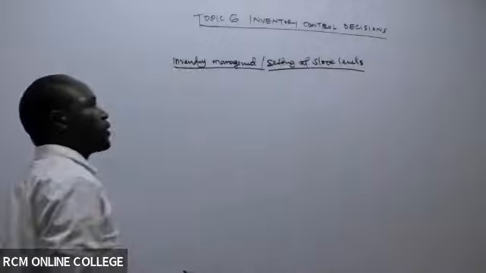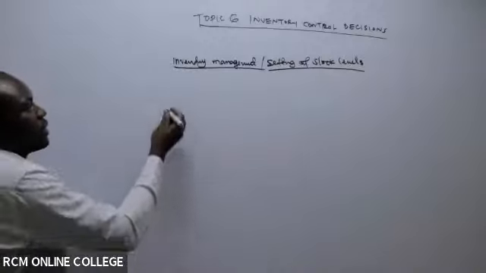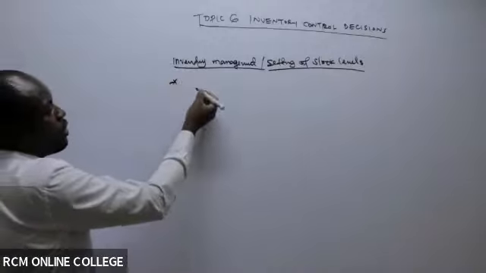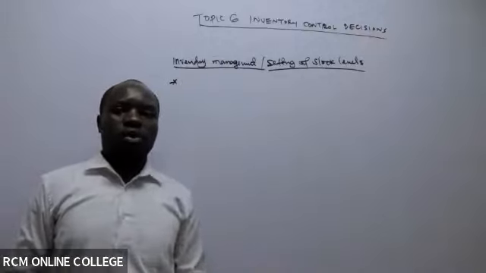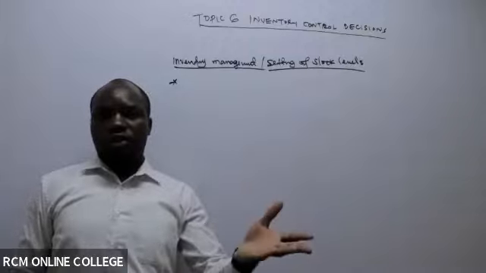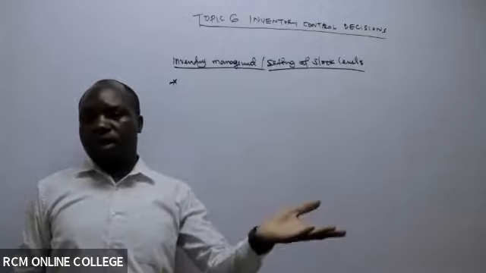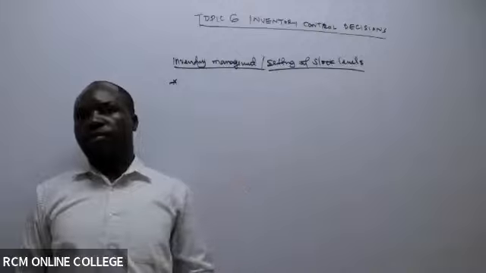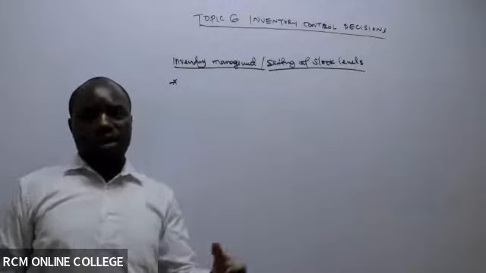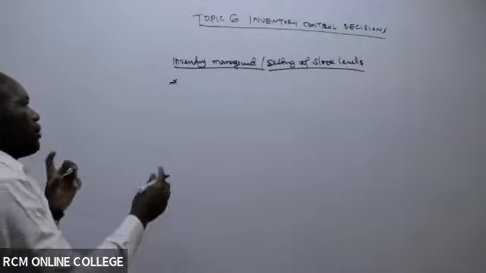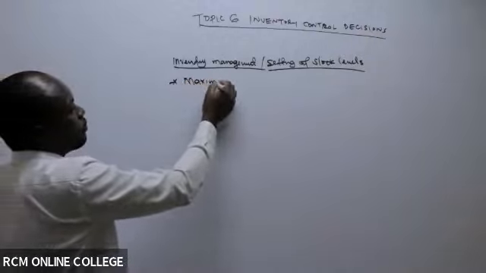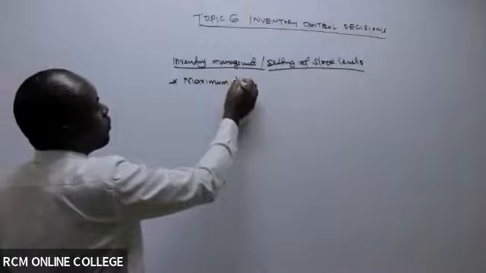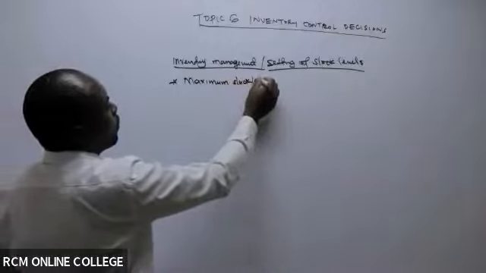So number one, we talked about minimum consumption, maximum consumption, right? We talked about average or lead time, maximum lead time, minimum lead time, right? So all those things were helping you to calculate maximum stock level.